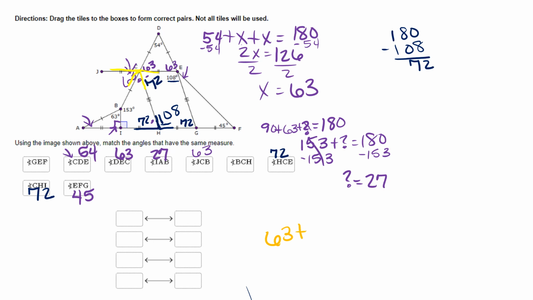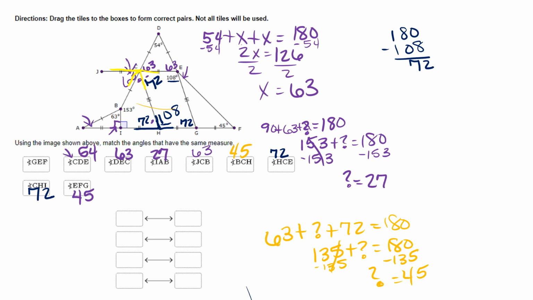But 63 plus something plus 72 equals 180 because those are supplementary. 63 and 72 is 135, plus something is 180. Subtract 135 from both sides. So that is 45. Whoops, sorry. Let's do 45 there. Okay.